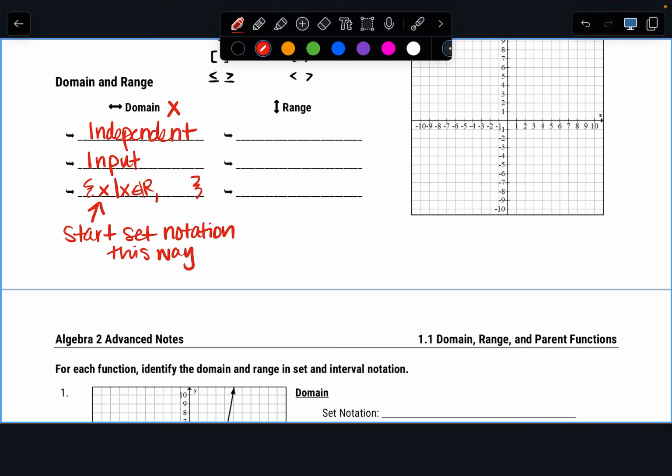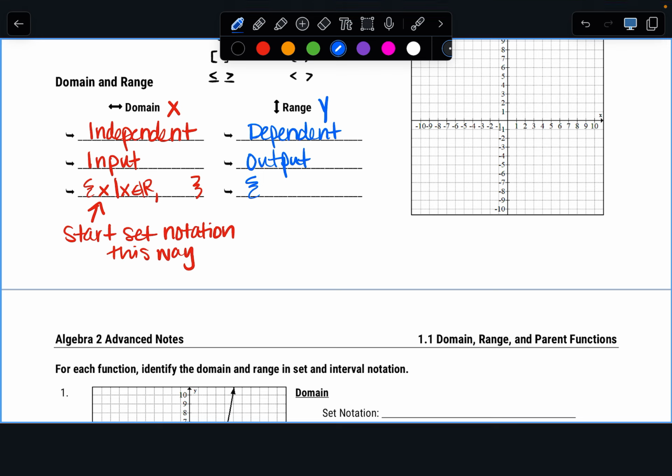Interval notation never requires that you include the variable, which is why we don't have a space for how you should write interval notation. Range is going to be y, and that's going to be your dependent variable. Dependent. It's your output. And we start this.